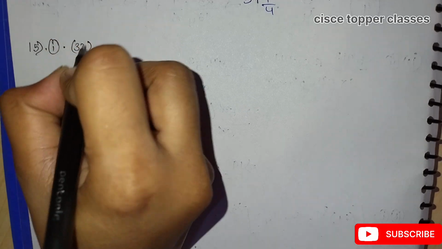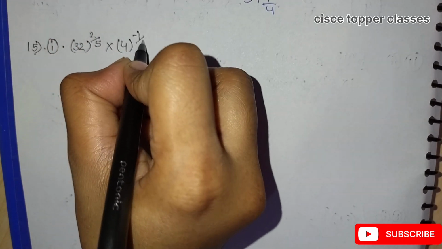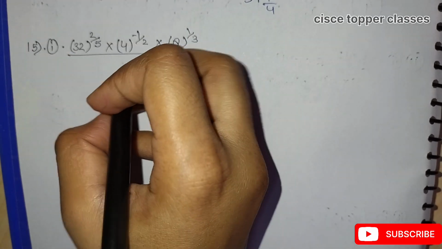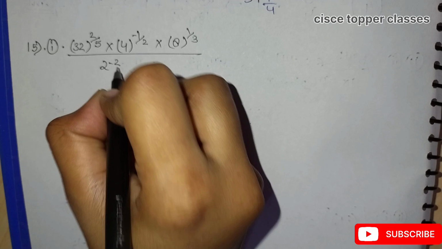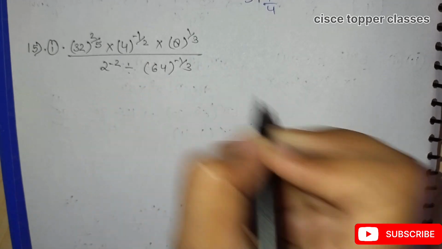Now let us solve here 15th first part, which is 32 to the power 2 by 5 into 4 to the power minus 1 and a half into 8 to the power 1 by 3 divided by 2 to the power minus 2 divided by 64 to the power minus 1 by 3.